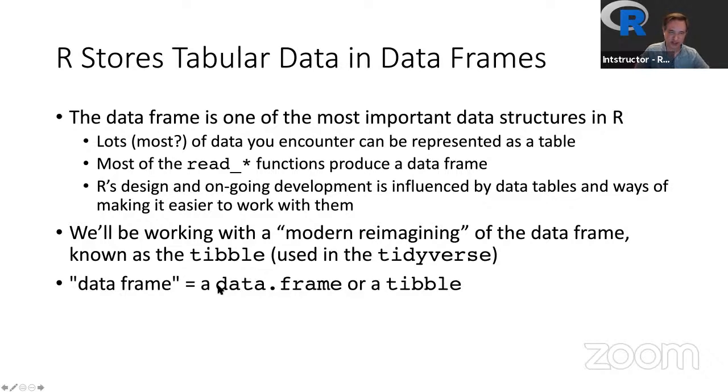You might also see, in some code, the data frame referred to as data.frame. That's how R refers to a data frame and can actually be used as a function to create data frames, but that's not too important to know. I just want to point this out in case you see it in other code that you review, that this is just referring to a data frame.